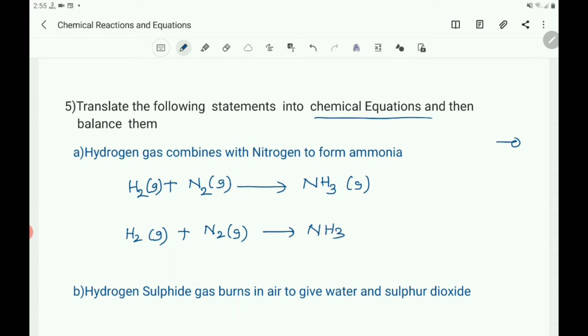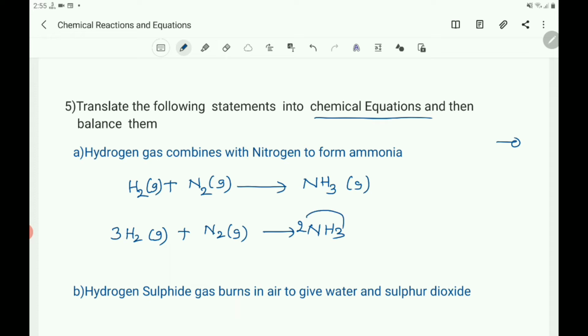To balance it, count the number of atoms on both sides. On the reactant side, hydrogen atoms are 2, and on the product side, hydrogen atoms are 3. So here you take the LCM of 2 and 3, that is 6. So 3 2s are 6, 2 3s are 6.